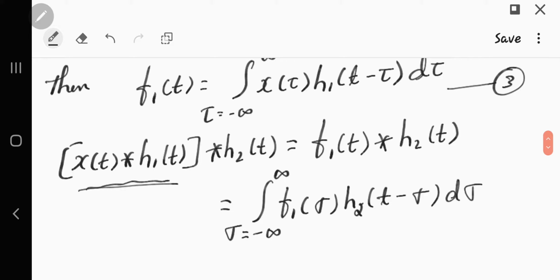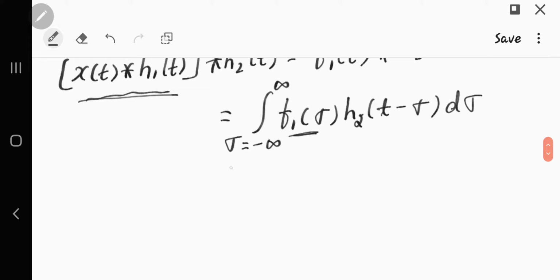Then we can substitute equation 3 here in f1 of sigma. The only change is that this is f1 of t, which gives us t minus tau. Here it is f1 of sigma. That means we replace this t with sigma to make this convenient. Okay. Let's do that.